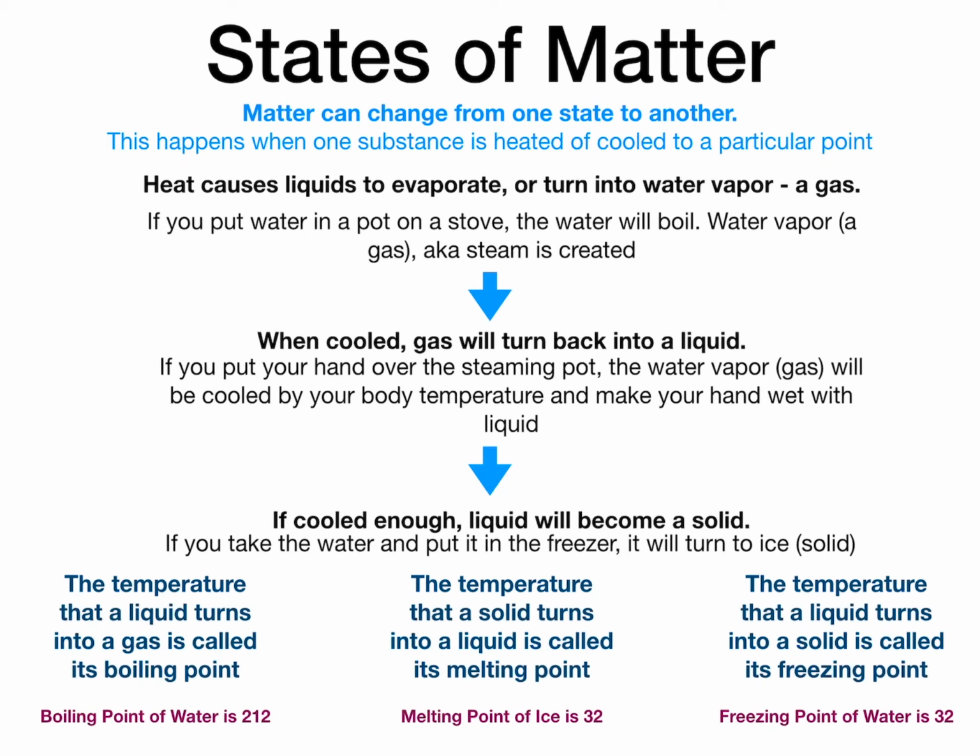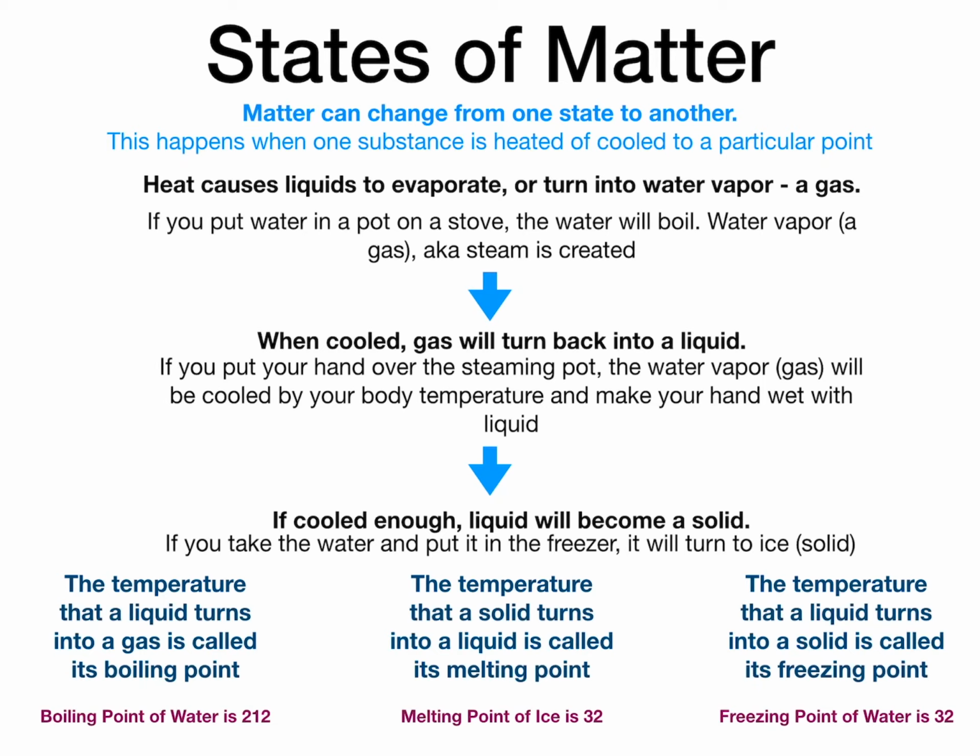it would freeze. Now, if you notice here, the melting point of ice and the freezing point of water, both being types of water, is 32 degrees. For most substances, the melting point and the freezing point are going to be the same. And the reason is, if you have water that's just about to turn into ice at 32 degrees, but then you take it out, it's going to start to melt.